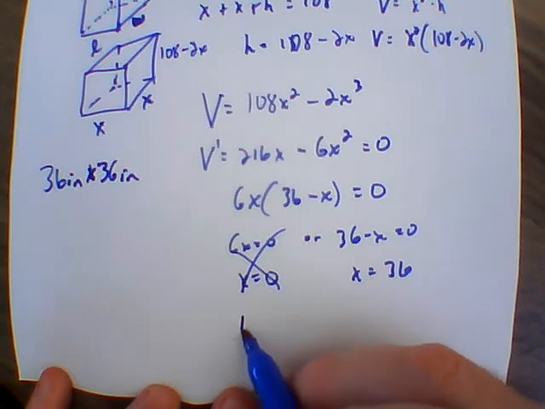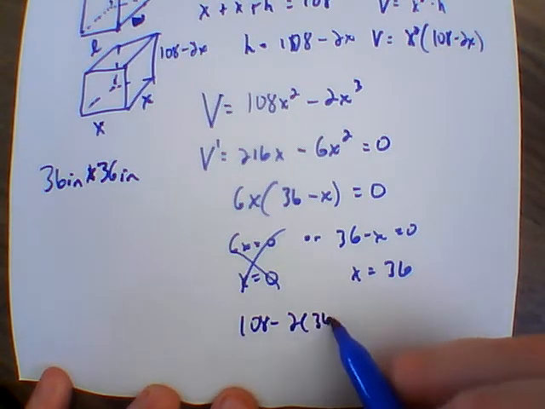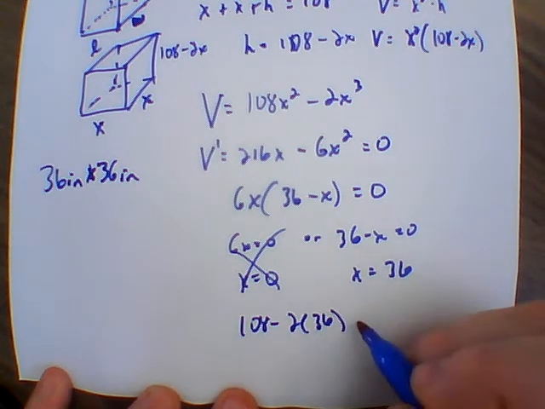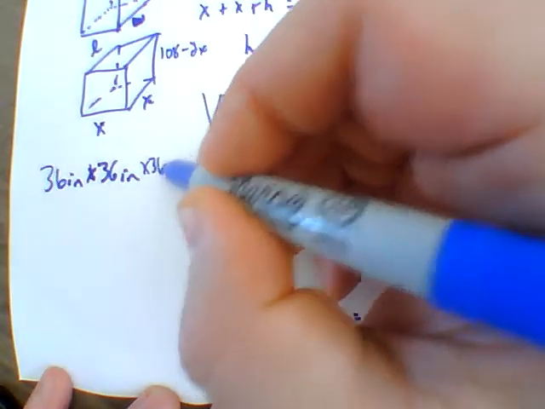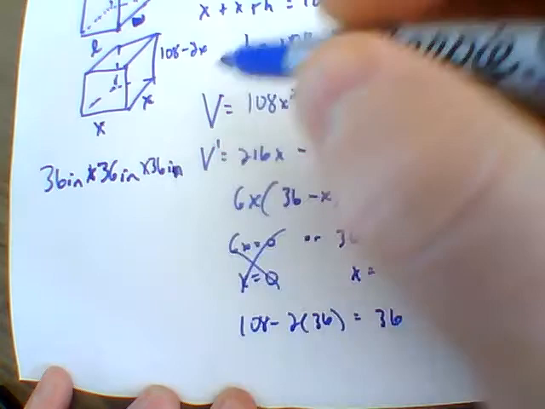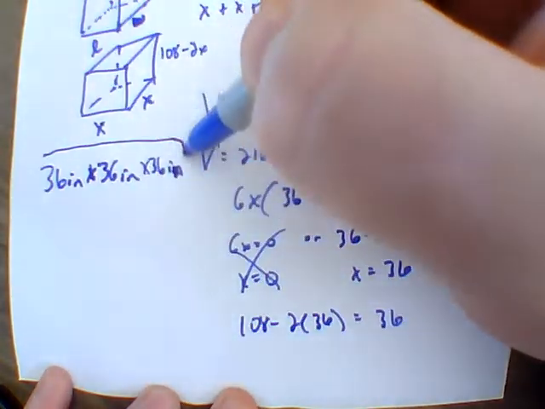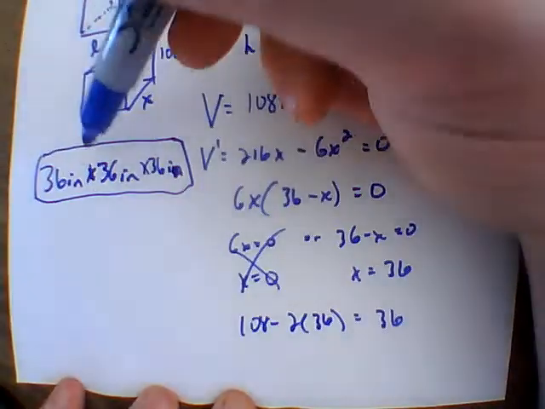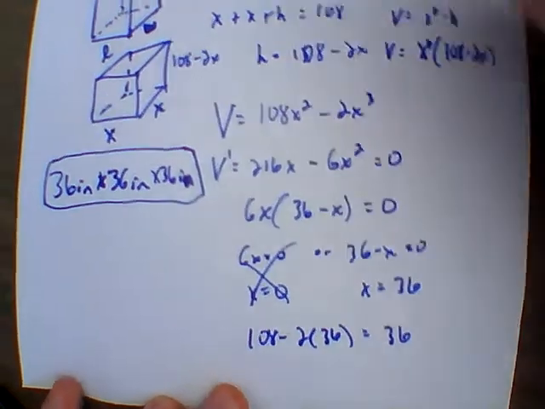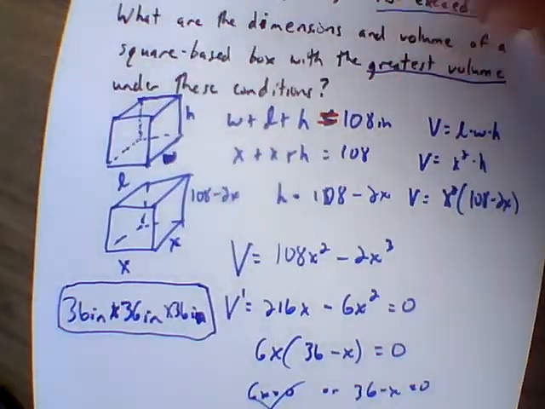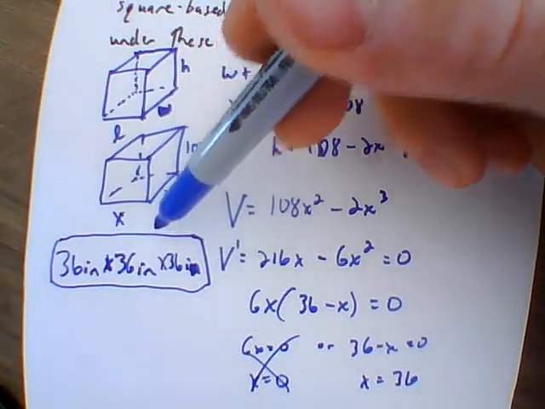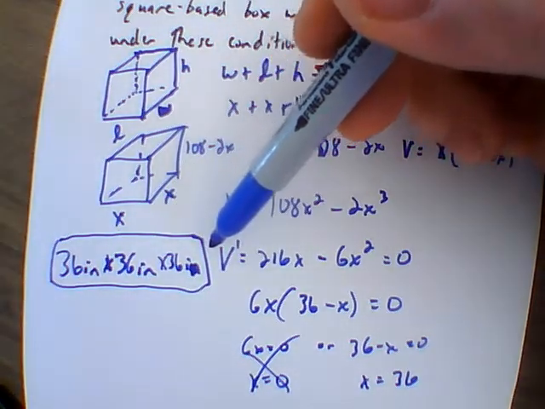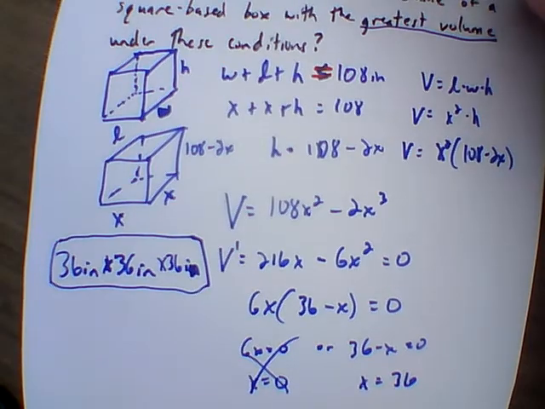So if I come down here and take 108 minus 2 times 36, this equals 36. So we see that the dimensions, so it asks us what are the dimensions, 36 by 36 by 36, it gives us this maximum area.